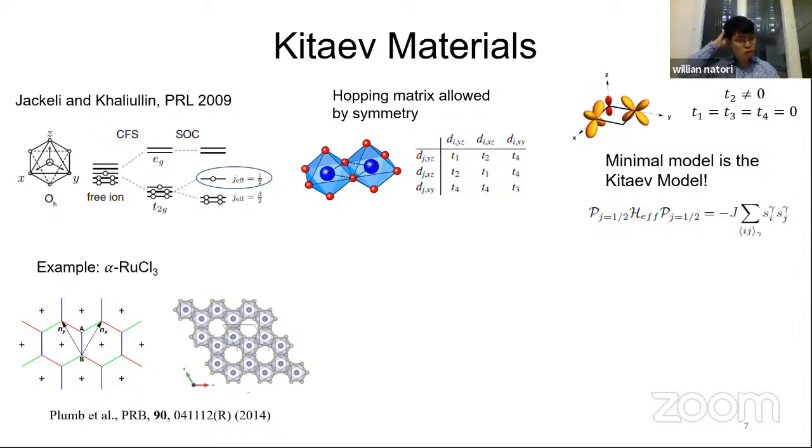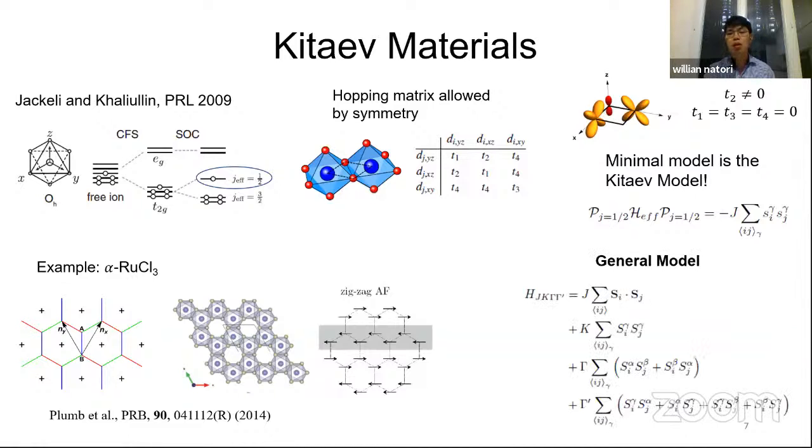So there are now several examples of materials that were synthesized following these Jackeli-Khaliullin prescriptions. The one that I will focus on in this seminar will be this one, ruthenium trichloride. This material does not display a quantum spin liquid ground state, but rather zigzag antiferromagnetic order.